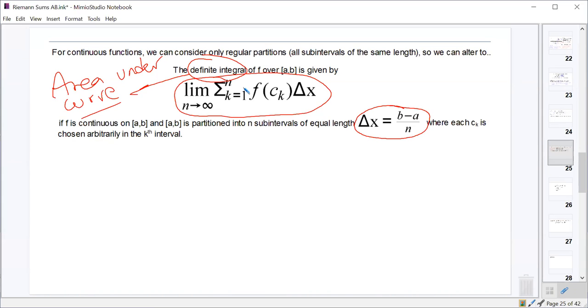Well, this is the limit as the number of subintervals approaches infinity of the sum of the areas of all the rectangles. These are still the areas of the rectangles. We're summing them from the first one to the last one, and we're letting n go towards infinity. So we're summing together an infinite number of little rectangles underneath this curve. Very narrow, infinitesimally thin rectangles.